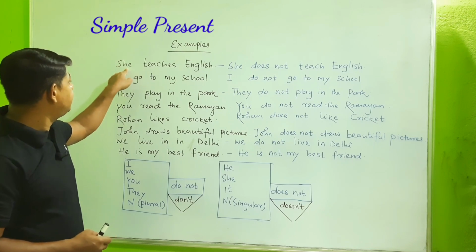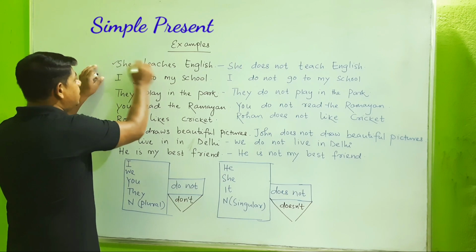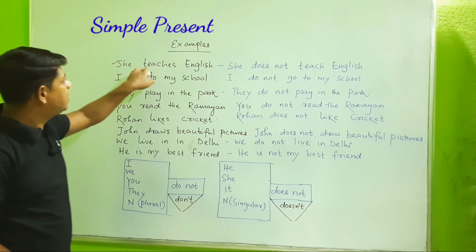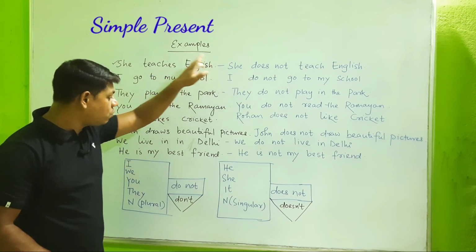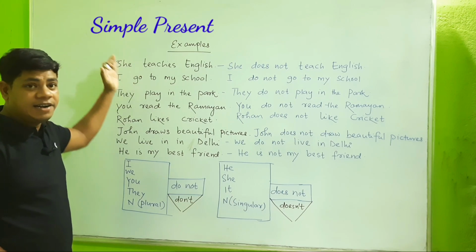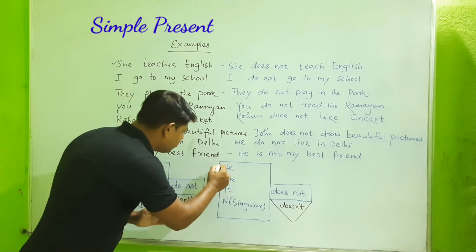The first sentence: she teaches English. Here she is the subject, teaches is the verb, and English is the object. Before converting this sentence into a negative sentence, you have to look at this box that I have written here.